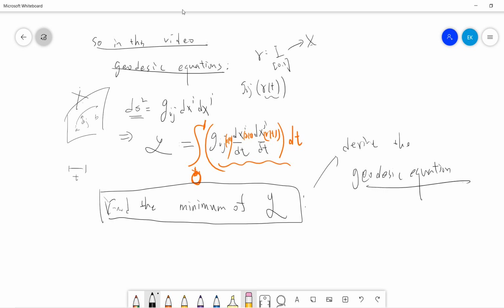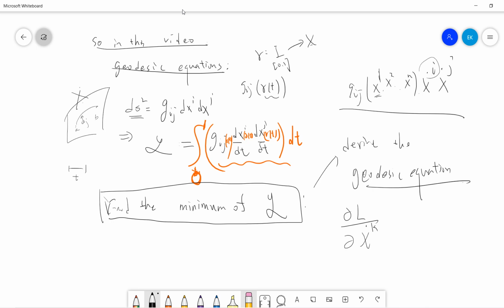Before we start, let's quickly recall the Euler-Lagrange equation. Now your variables contain x^i dot, x^j dot, and G_ij. G_ij is a function of x, so it is also a function of the variables x1, x2, up to xn, and you have x^i dot and x^j dot, the first derivatives.